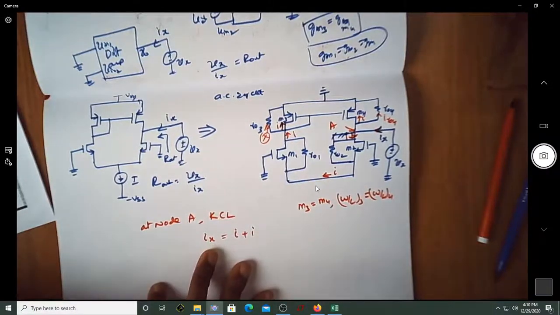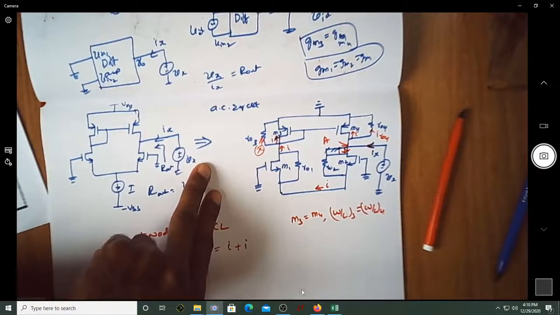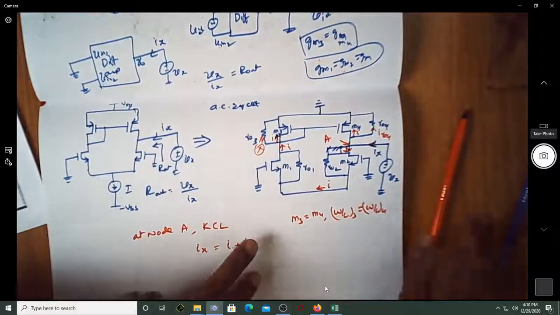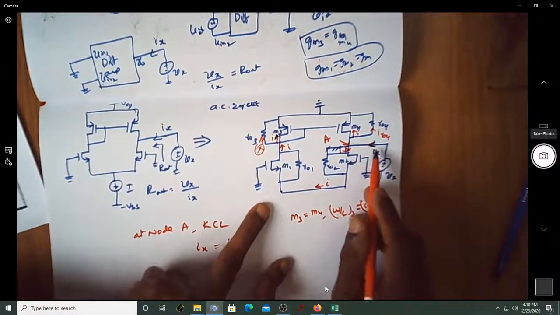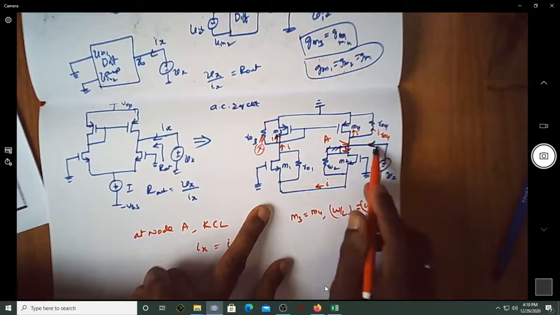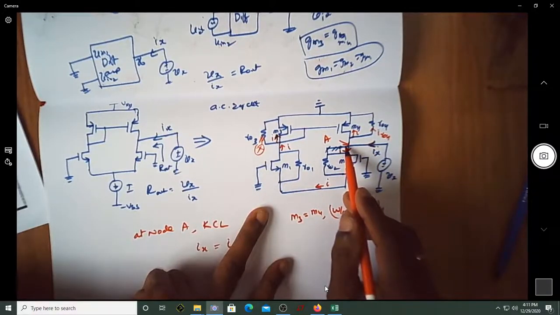Let us just recollect the thing, in case you have missed some of the points. We might have missed out some of the values. Now you can see we have considered a current of Ix flowing in this direction. This is the current we are looking at. We have to find Vx by Ix, which happens to be Rout. To find that, let us assume a current of I is flowing in this direction.